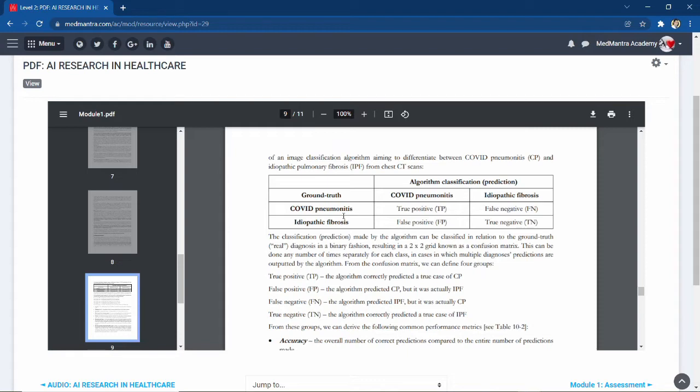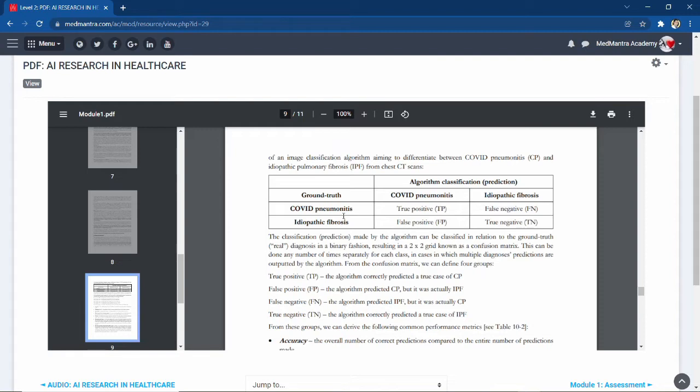We'll now take the example of an image classification algorithm aiming to differentiate between COVID pneumonitis (CP) and idiopathic pulmonary fibrosis (IPF) from chest CT scans.